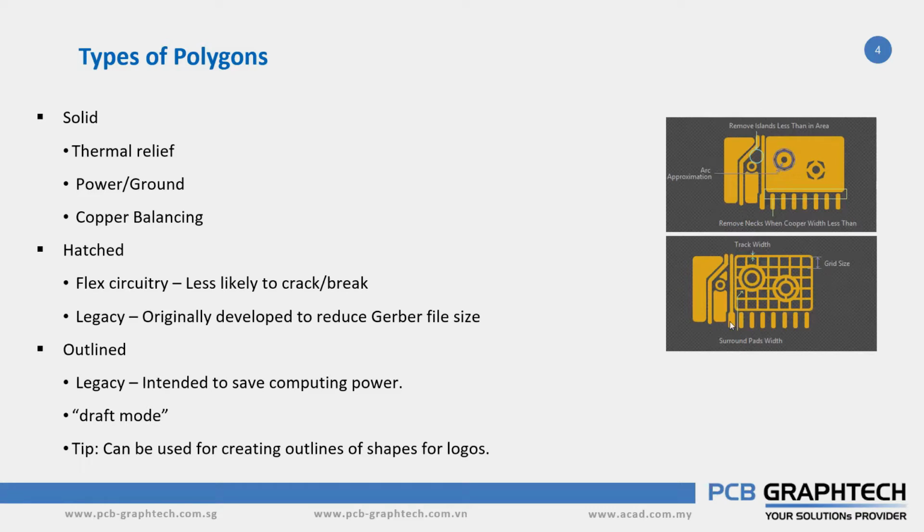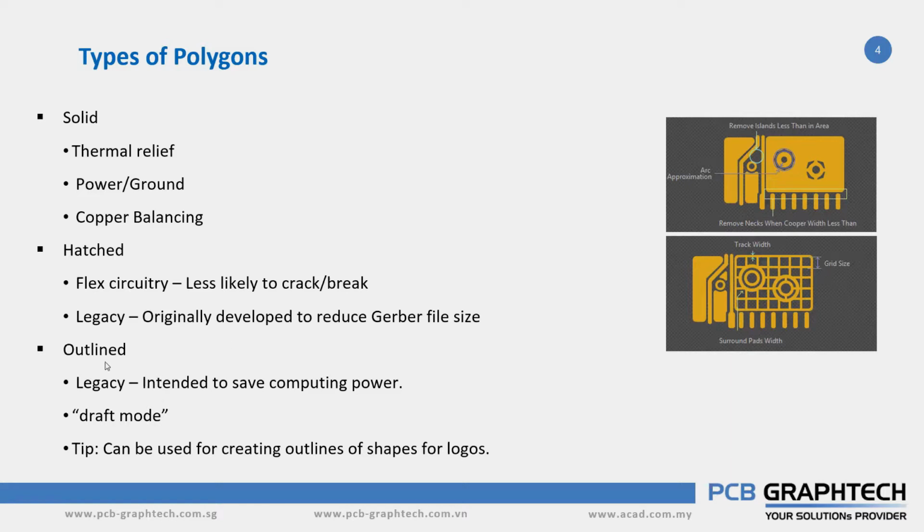This hatch pattern is mainly used for rigid-flex designs, because you have a rigid circuit and a flex circuit. This hatch pattern will help you move comfortably from the rigid to the flex region. Also, it reduces your Gerber file size because of the minimum copper.